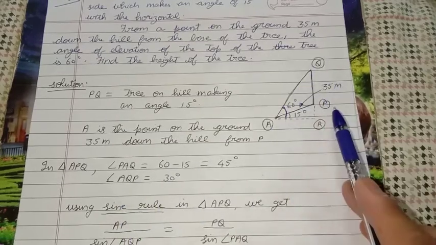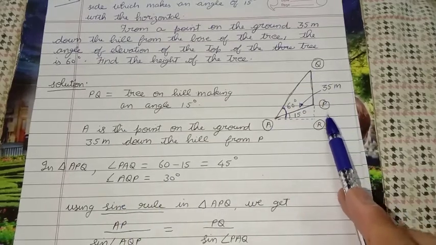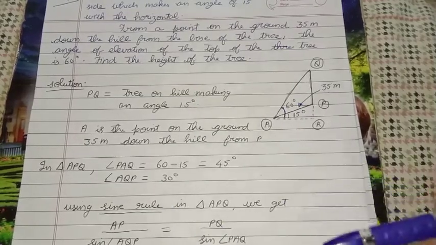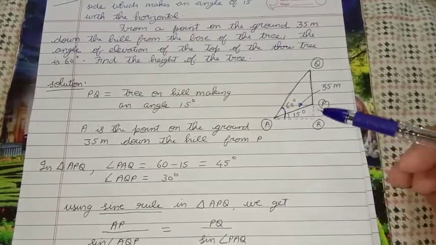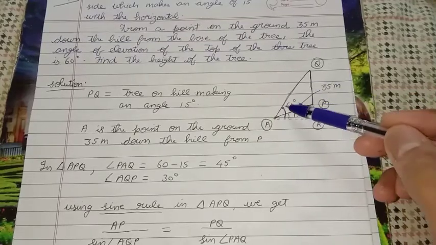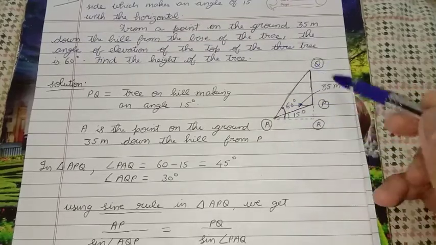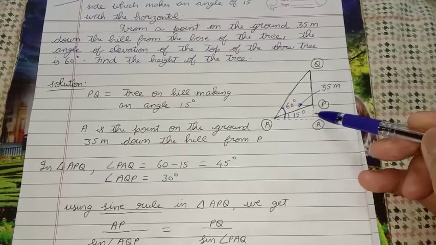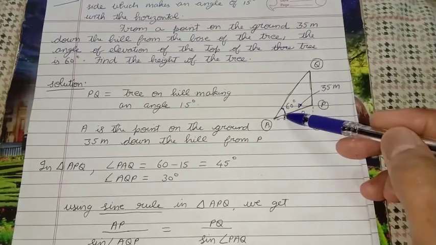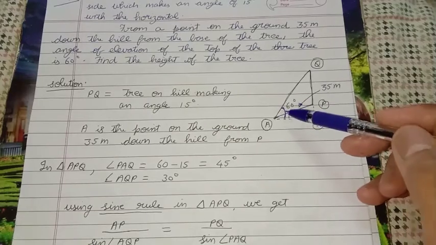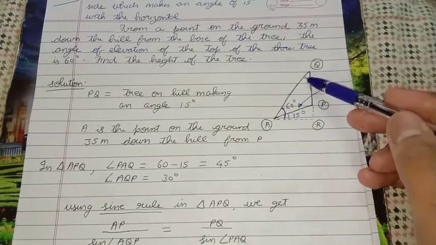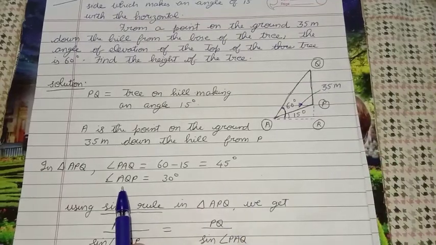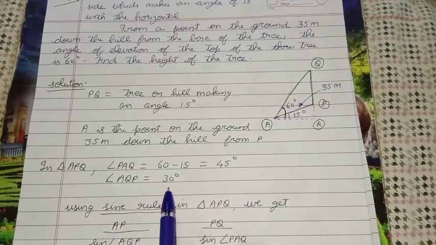A, Q and P. AQP, friends, I have written it directly. You need to understand this without writing anything on the paper. See, if I consider this complete triangle, this is 60, this is 90, so 90 plus 60, that is 150, and this angle will be then 30 degrees. That's what I have directly written here as AQP is equal to 30 degrees.